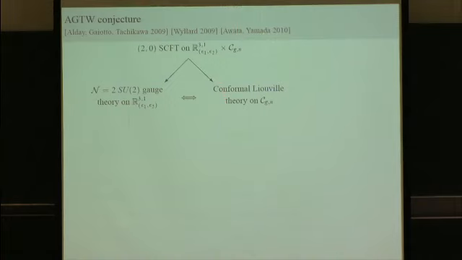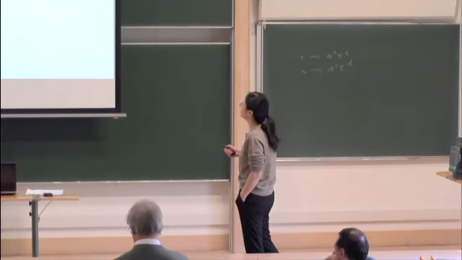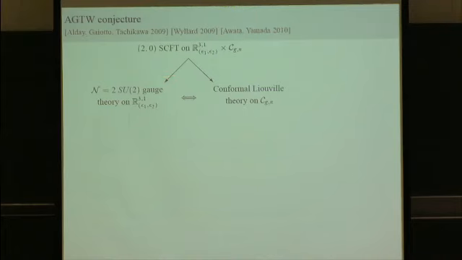The AGT conjecture was that if you start with the M5 brane dynamics, that is a (2,0) superconformal field theory on some four-dimensional space which has this omega background deformation, times a Riemann surface, you could compactify on the four-dimensional space, so you land on a conformal two-dimensional Liouville theory, which is identical to what you get if you compactify on the two-dimensional Riemann surface, so that you end up with a four-dimensional N equals 2 gauge theory.